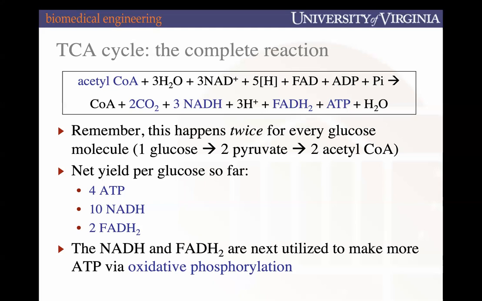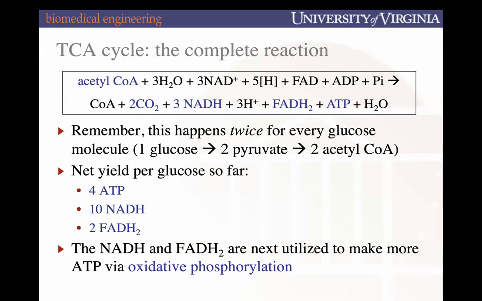So this is a complete inventory of what we yield from 1 glucose molecule. When we enter into oxidative phosphorylation, the next step of metabolism, the key things that are going to be used here are the reducing equivalents, the NADH and the FADH2. The electrons that they've been carrying up to this point are finally going to find their destination in the electron transport chain.